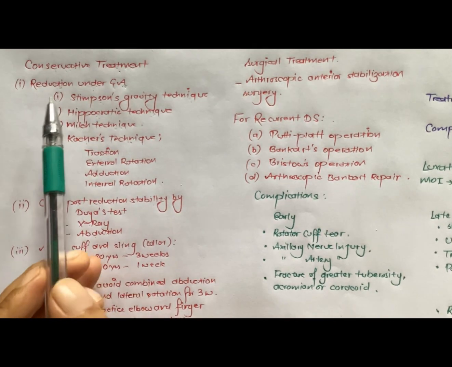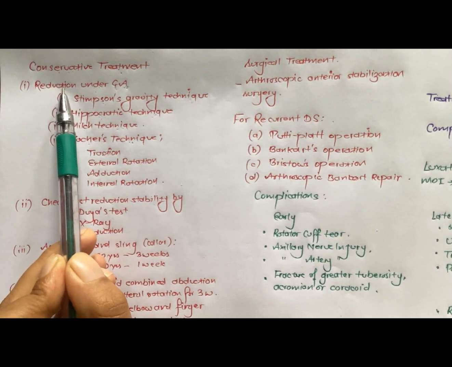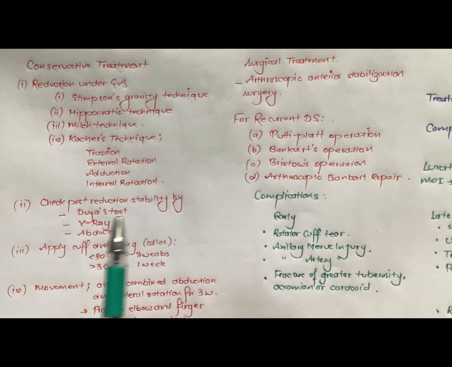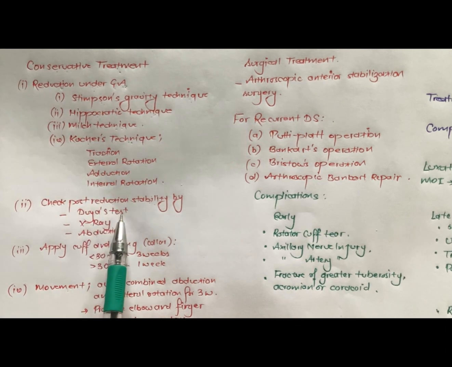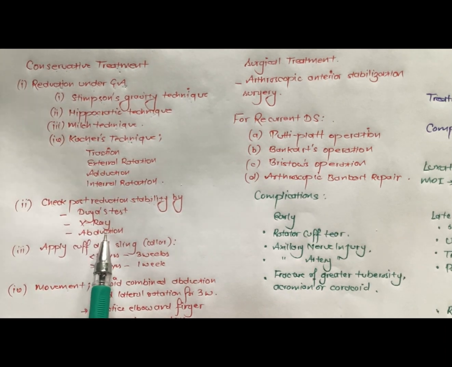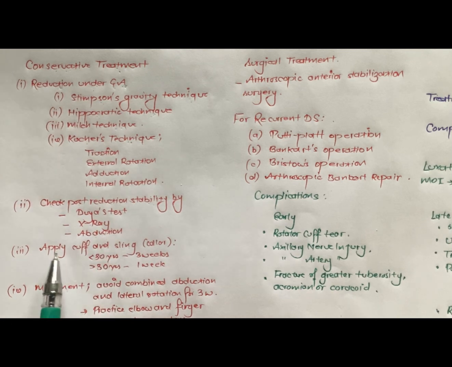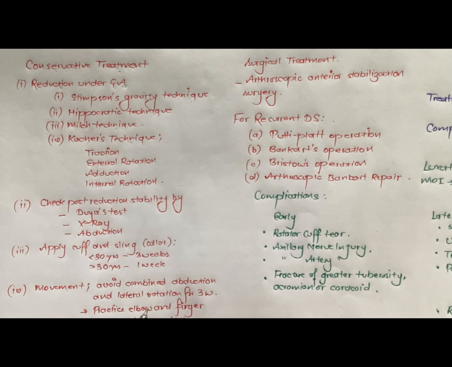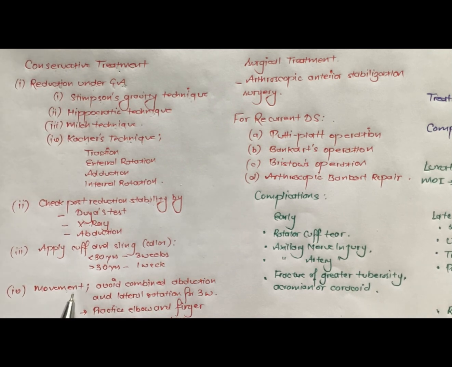And then after reducing the dislocation, we are going to check the stability by doing the Dugas test, X-rays, and abduction. Then we will apply a cuff and sling to the joint, and we will tell the patient about some movements.